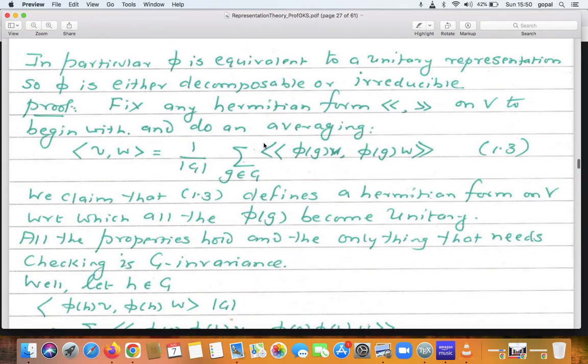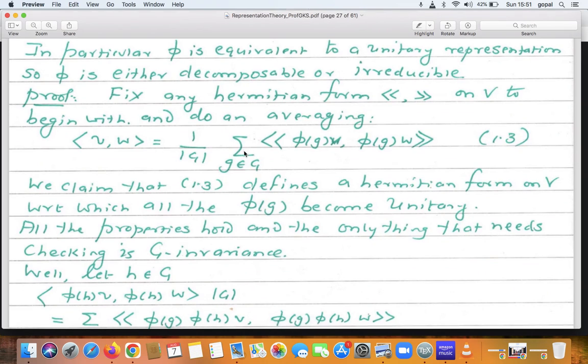Now you do averaging. You take the summation over G of phi G V, phi G W with respect to this chosen inner product, and you divide by the number of elements in the group. This is an averaging. In other words, you took any Hermitian form and you averaged it over the group.